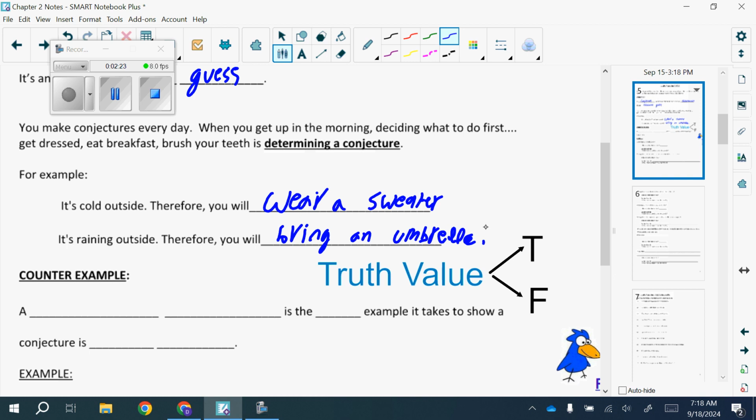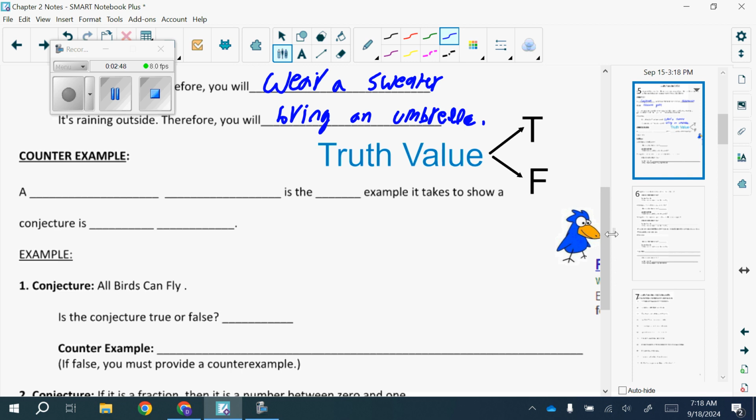So for example, something that's not a conjecture is me saying something like, blue is the best color ever. Well, that's not a conjecture because there's no way to really get a truth value from that because that's subjective. That's an opinion. Okay. So a conjecture, you must be able to derive a truth value.